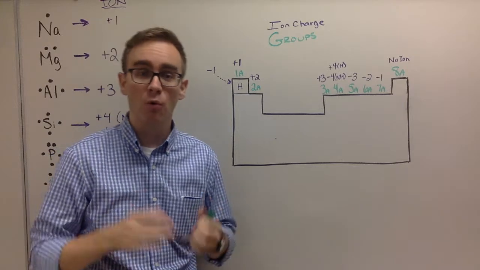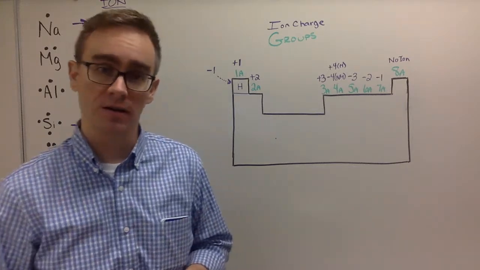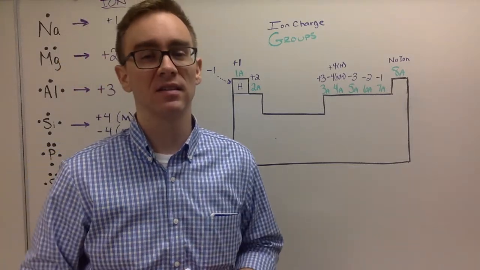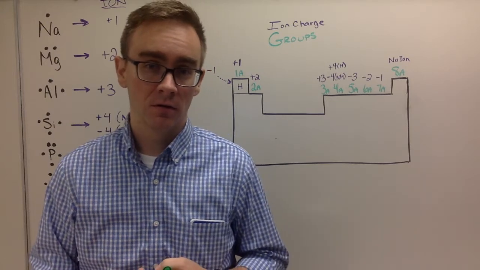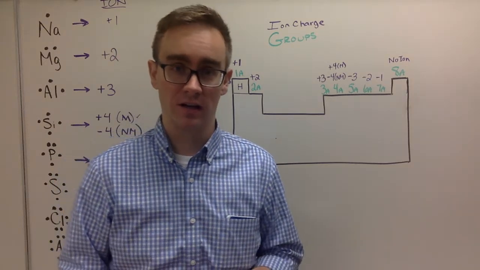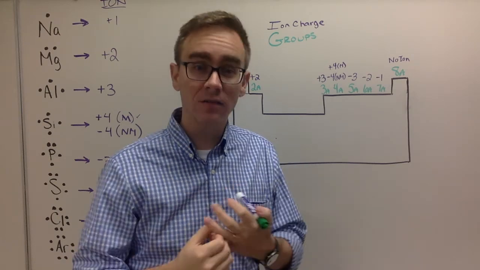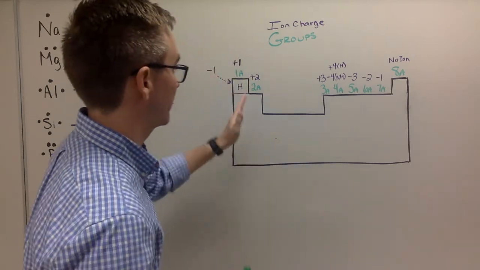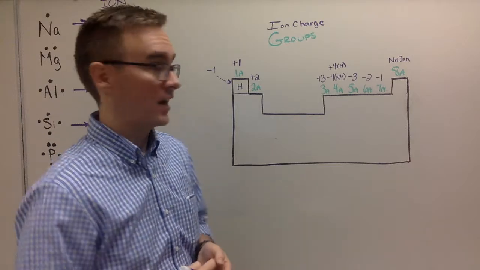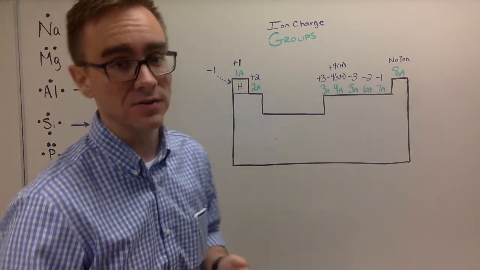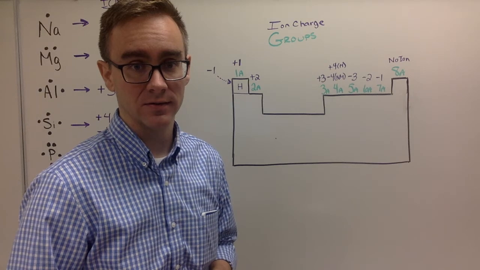It is in group 1A because it has 1 valence electron. But because it is in the first energy level, it only has 1 electron, and so it actually wants to gain another 1. We already know that hydrogen is a non-metal, and non-metals like to form anions.